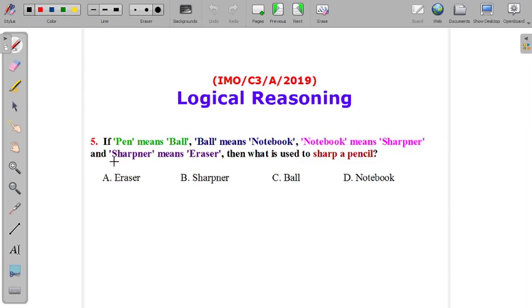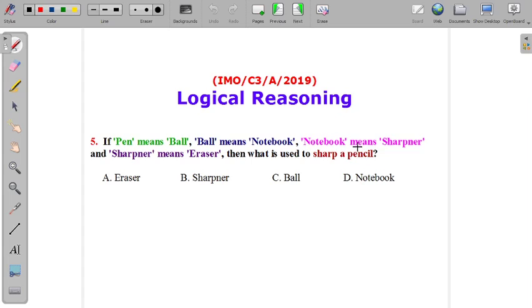Now if you see the next question. If pen means ball, remember the meaning of pen here is ball, then ball means notebook, notebook means sharpener and sharpener means eraser. Then what is used to sharpen a pencil? In general, what do we use to sharpen a pencil? We use a sharpener. So here what is sharpener?